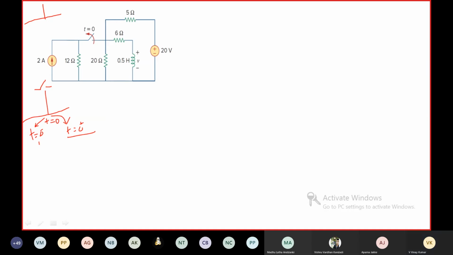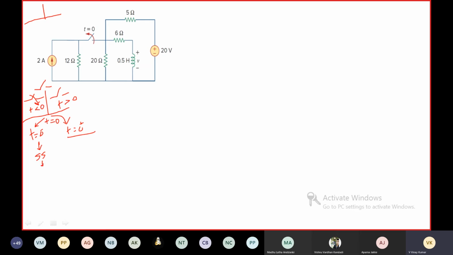Okay, you are opening the switch at t is equal to 0, which means the switch has been closed for a long time. For t less than 0, the switch has been closed for a long time. For t greater than 0, the switch will be opened. Here steady state occurs at t is equal to 0 minus, for t less than 0.